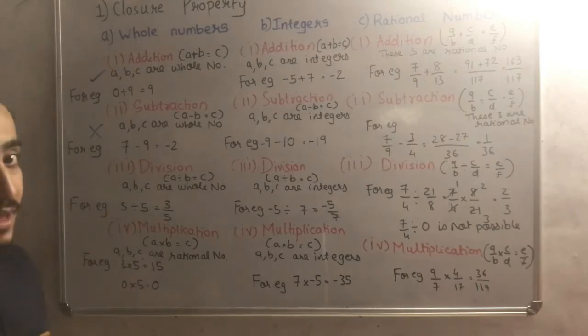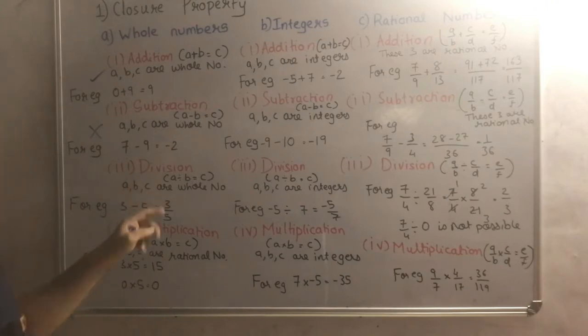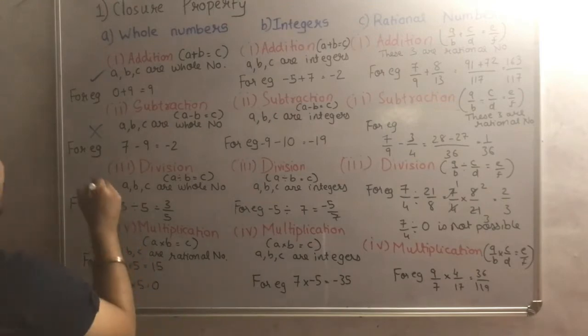Now this is not a whole number, it is in p by q form, so it is a rational number. So division also doesn't fulfill the closure property. We can say that division of whole numbers cannot fulfill the closure property.